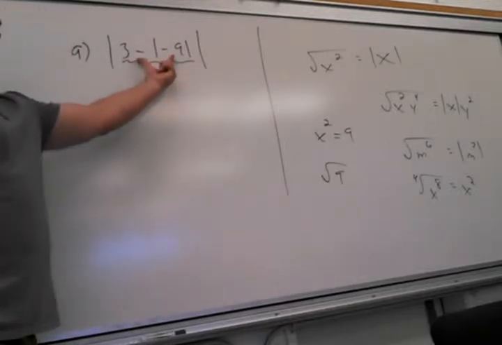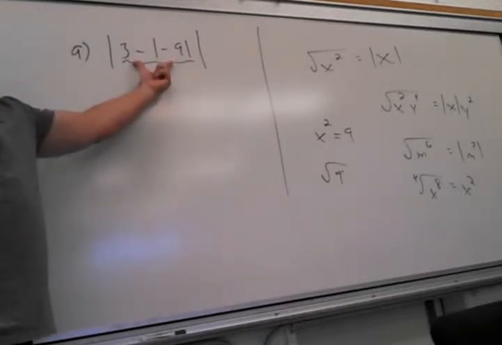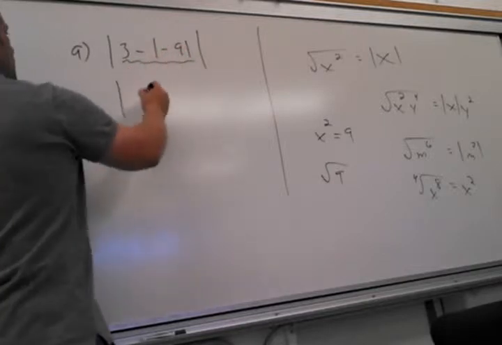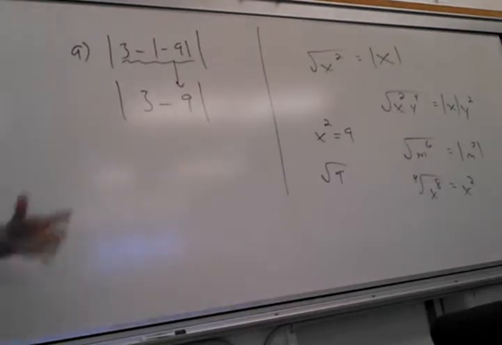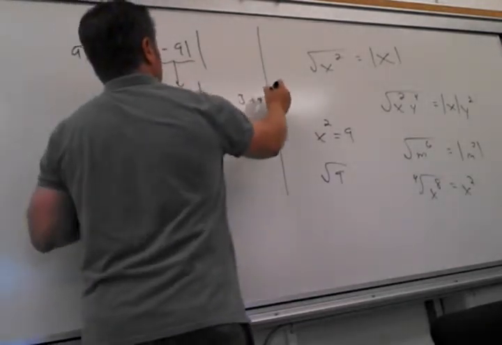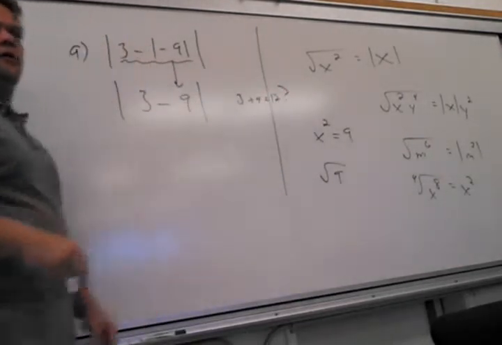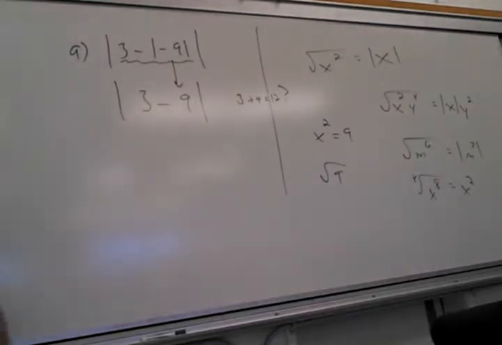And of course, what do you do first in here? Make that positive. Yeah, the absolute value of negative 9 is 9. And I always get somebody telling me this is 3 plus 9 is 12. Why is that not right? Why did that person do that? Because they did the minus.